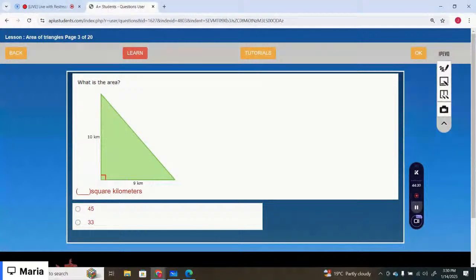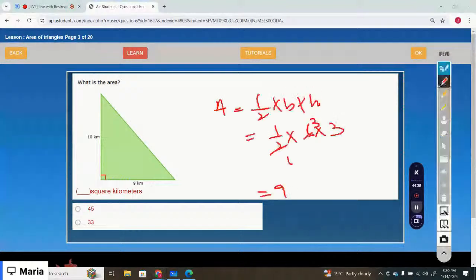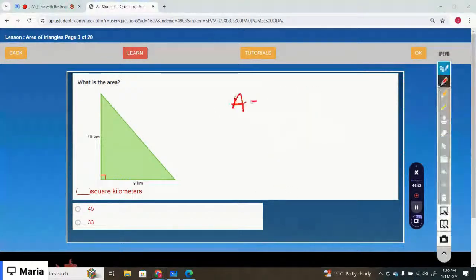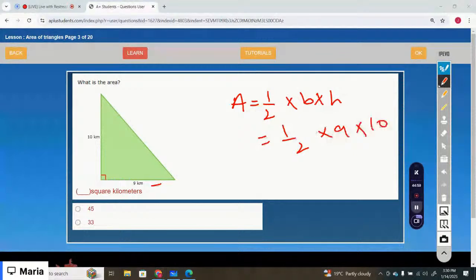You have to use the formula. Keep these formulas in your mind. They are very important. That's all you have to do. The formula to calculate the area of a triangle is half times base times height, right? Simply put in the values, base is 9, height is 10, right? 10 times 9 is 90.